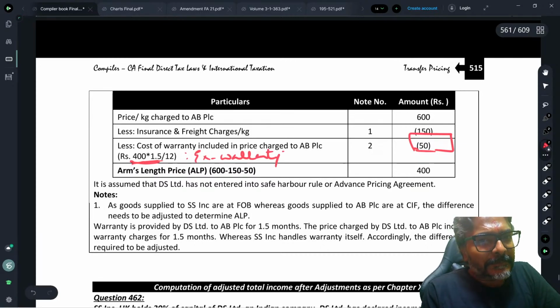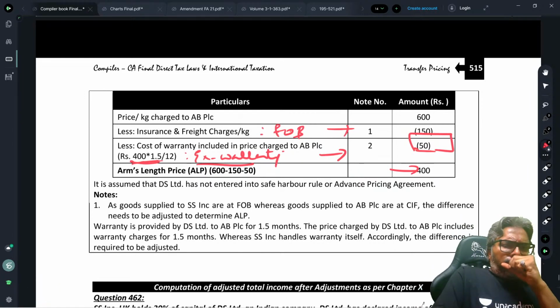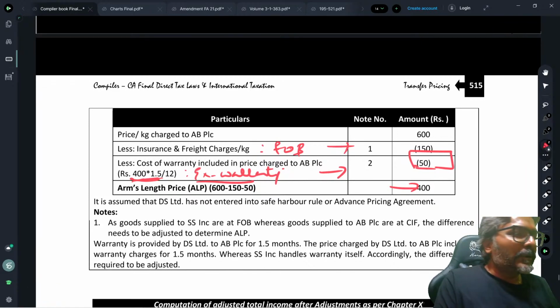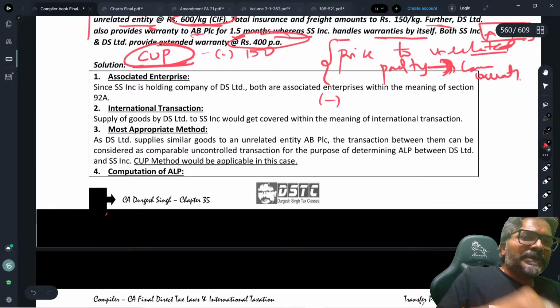By reducing this, students, it is 400 now. Now, what is the price which Indian AE has charged?